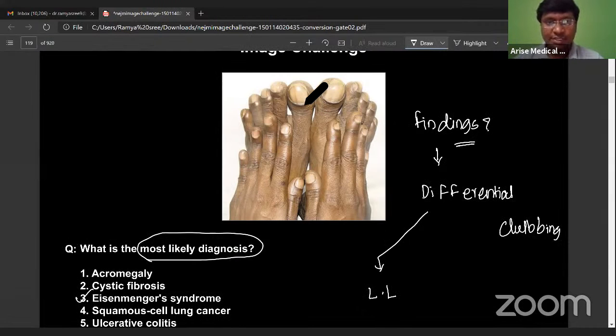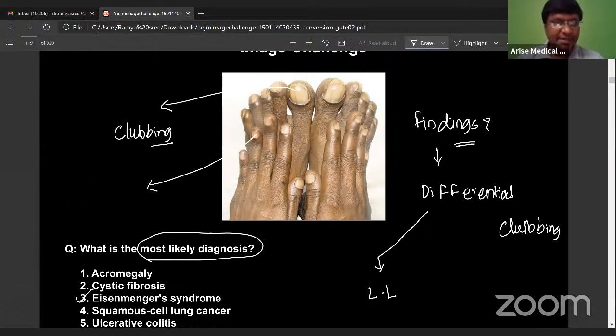You see here, only in the lower limbs you have the presence of clubbing, whereas the digits of the upper limbs are absolutely normal.